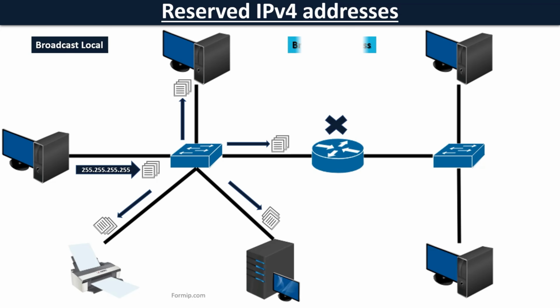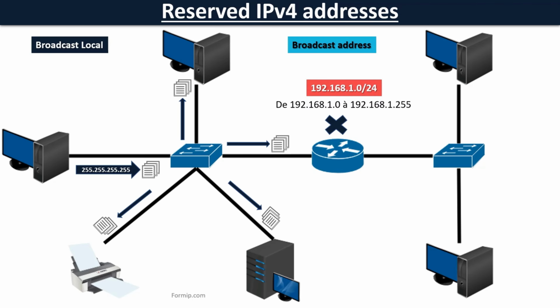We then have the broadcast address of a network. For example, let's say on this topology we have the network 192.168.1.0 with a mask of /24. That is to say, 255.255.255.0. With this mask, it means that the IP range goes from 192.168.1.0 to 255.